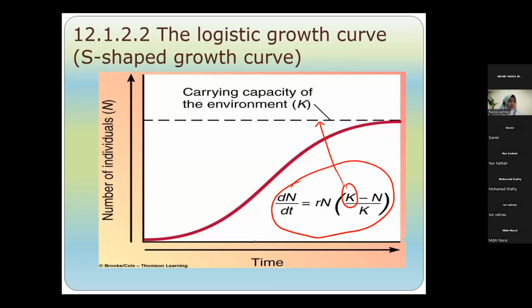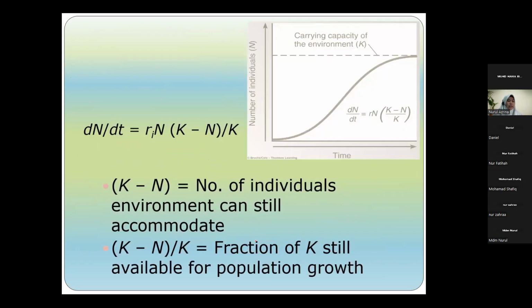Okay, so the formula has been modified to dN over dt equals RN, K minus N over K, where K minus N is the number of individuals that can still be supported or accommodated by the environment. For example, the carrying capacity of CFS IIUM is 4,500.